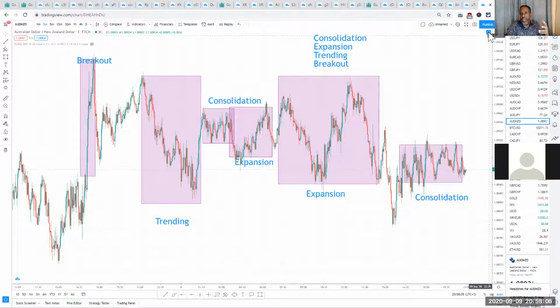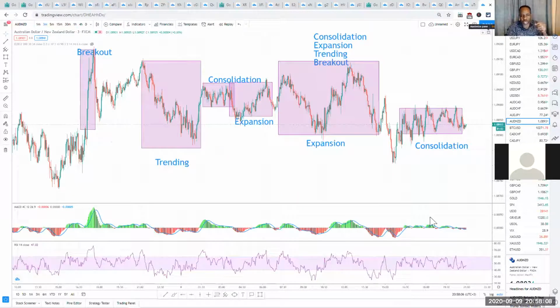So the tool that you use to be able to help you in trading is, if you are trading any one of these, and normally in binary trading, we tend to trade consolidation better.